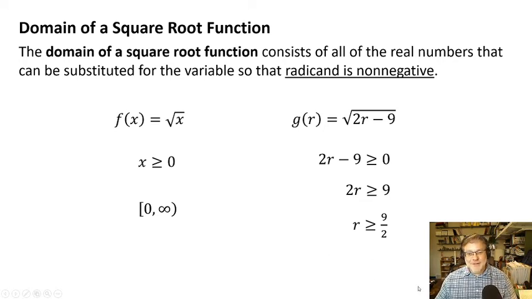In terms of interval notation, once again, it can be as high as infinity and as low as 9/2, and it can be equal to 9/2, but it can't go any lower than that. If we plug in 9/2 into this, then 9/2 times 2 is going to be 9. 9 minus 9 is 0. The square root of 0 is fine, but we can't go any lower than that, can we?